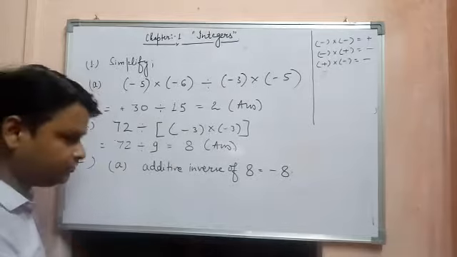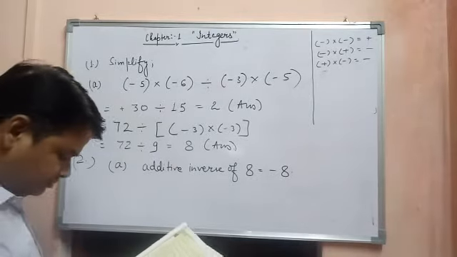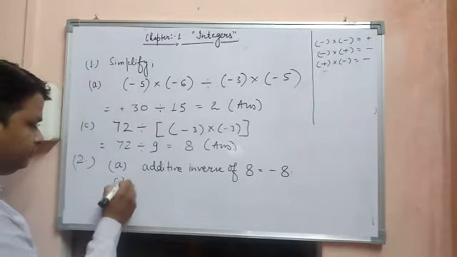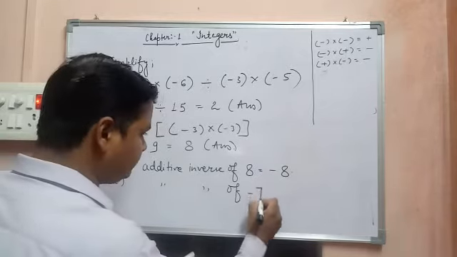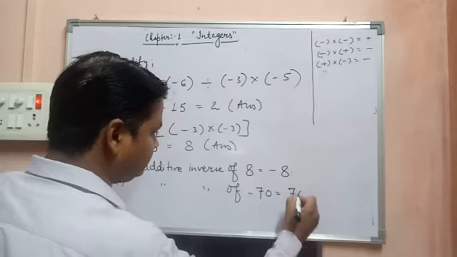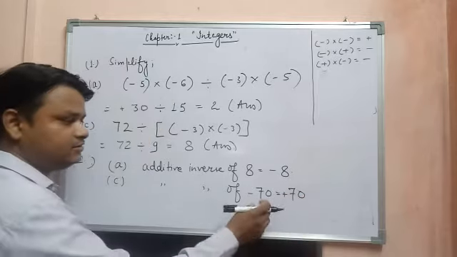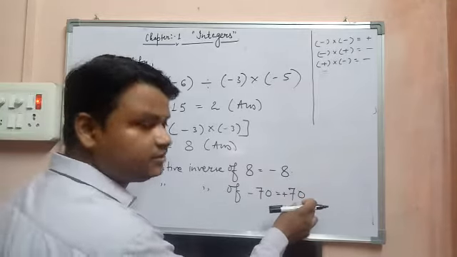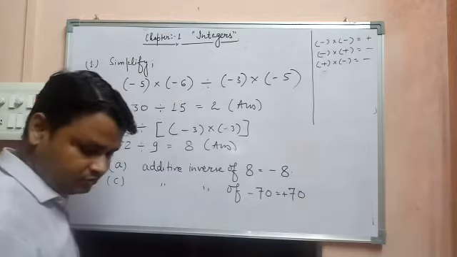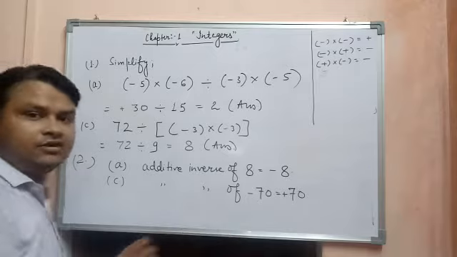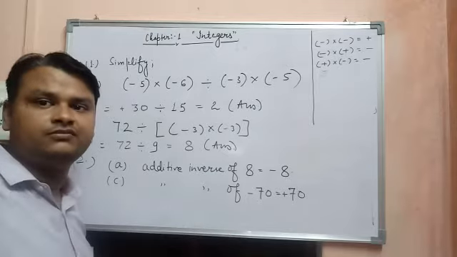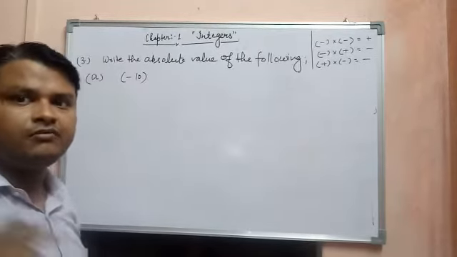So this is a very easy question. In the same way, the additive inverse of -70 is +70, because if we add -70 with this number, then you will get 0. Before we move on, pause the video to note it down in your copy. Now we have to move on.